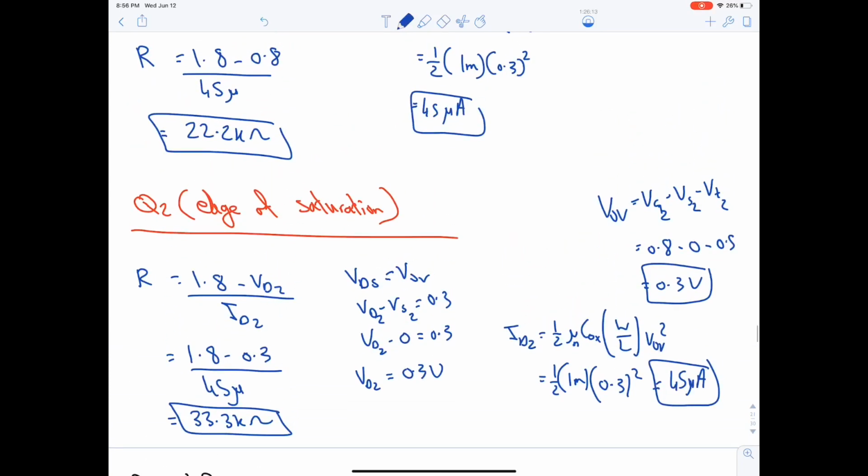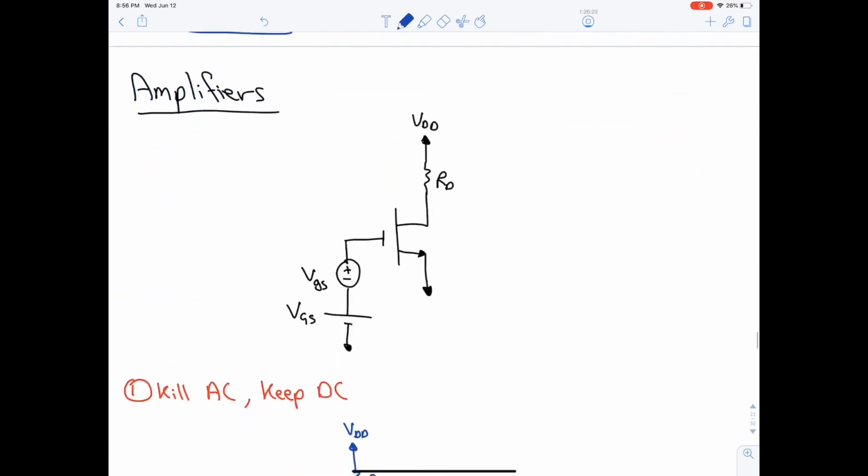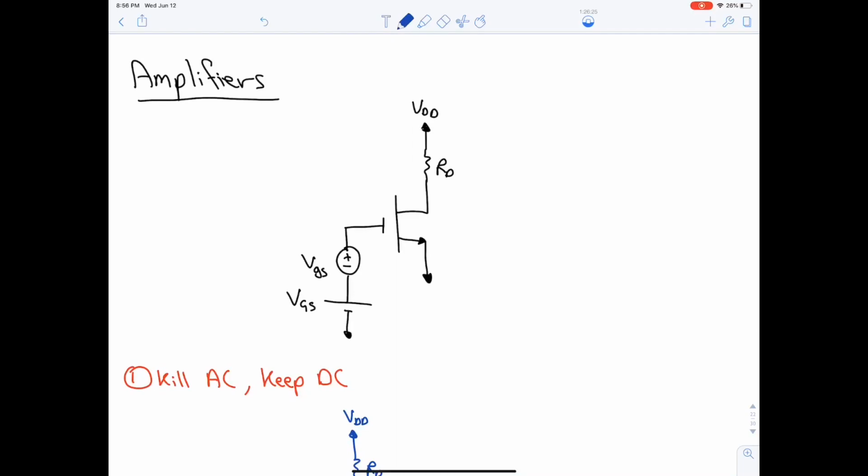Okay, so now we have analyzed MOSFETs with only DC sources. Now we're going to analyze the amplifiers as we did with chapter 4. Now for amplifiers we have AC and DC circuits. This is AC, this is DC, and this is also DC.